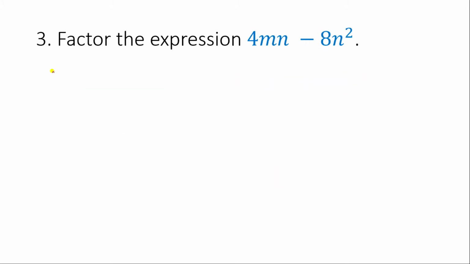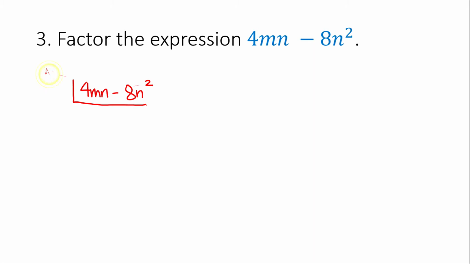Next, let's try to factor out 4mn minus 8n squared. For some, maiisip agad nila, okay, ang GCF ng 4 and 8 is 4, pero yung ibang nahihirapan will do this step by step, paunti-unti, okay lang yun.